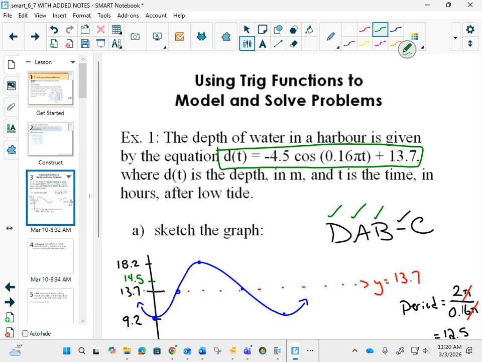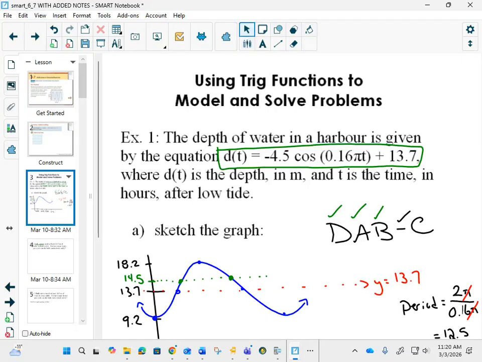Okay? 14.5 is right here. You see that between this point and this point, the depth of the water is deeper than 14.5. Everywhere else, that ship would get stuck in the mud or whatever's at the bottom, the rocks, and have to wait until there was enough water that it could get out again. So this is the idea of this question.